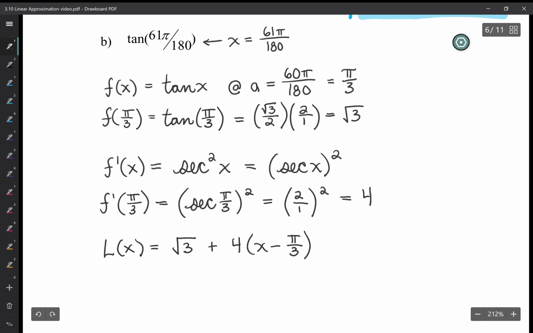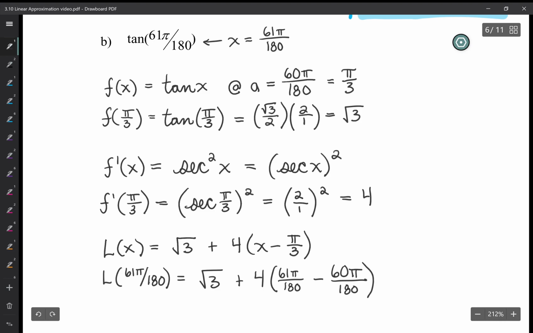We're trying to approximate tangent of 61 pi over 180, so we need to find L of 61 pi over 180, which is equal to the square root of 3 plus 4 times 61 pi over 180 minus pi over 3, which we will rewrite as the equivalent fraction, 60 pi over 180.